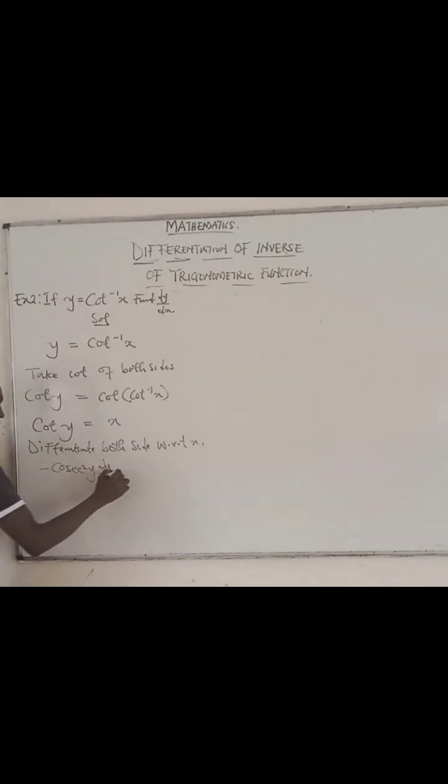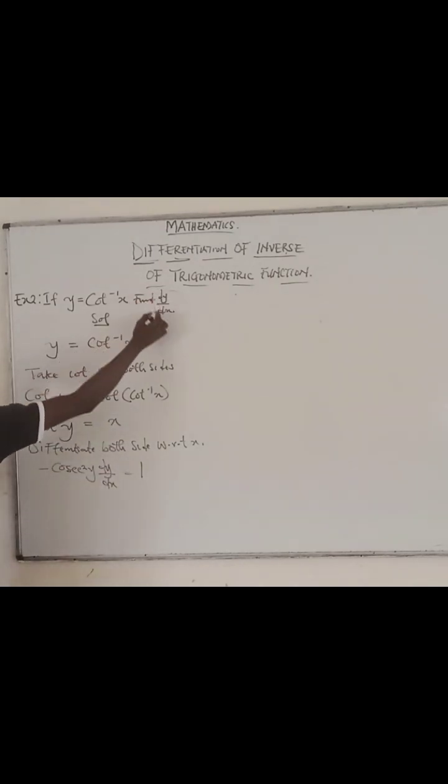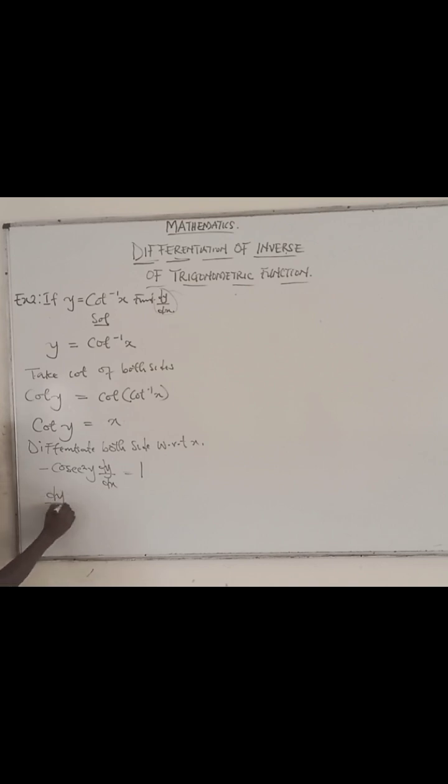Please take note of it. This is equal to, if you differentiate s, you are going to have 1. What you are looking for is dy/ds, so you make dy/ds the subject of formula. dy/ds will be equal to 1 over minus cosec square y.